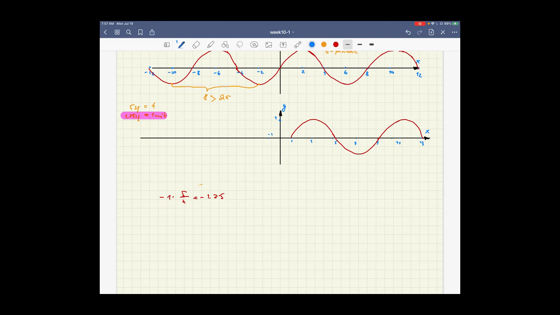Next will be negative 3. So negative 15 quarters. That's negative 3 and 3 more quarters. Then we will have negative 5. Negative 25 quarters. That's negative 6 and 1 more quarter.